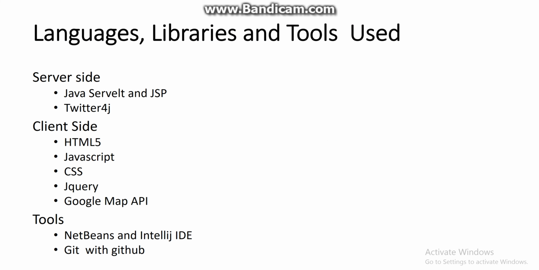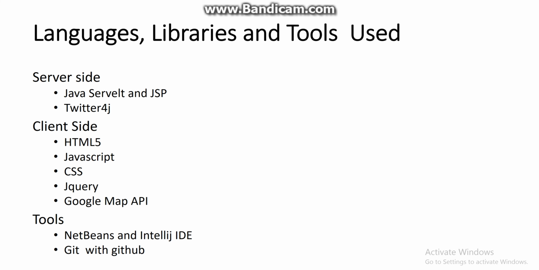This is the language and the library tools we used. Server side, we use the Java servlet and the JSP. Also, we use Twitter 4J, which is a new technology. Java servlet is a controller we use in our project. JSP is the viewer.